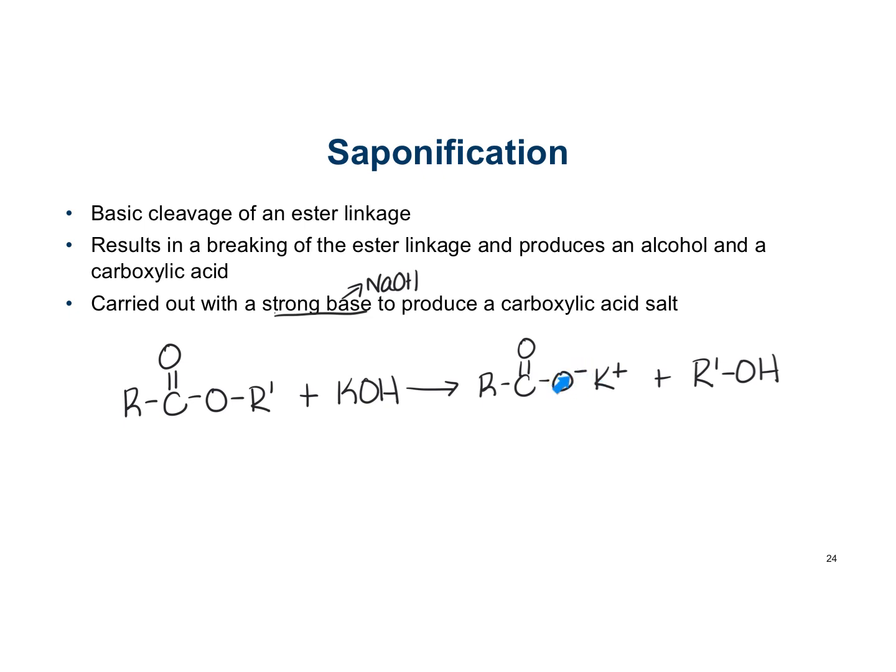And then we have this negative charge here, because what happens is we come in here, and everything to this side forms that salt, and then the R prime here goes on to the alcohol there. Okay, so that's what we see as far as our saponification reaction is concerned.